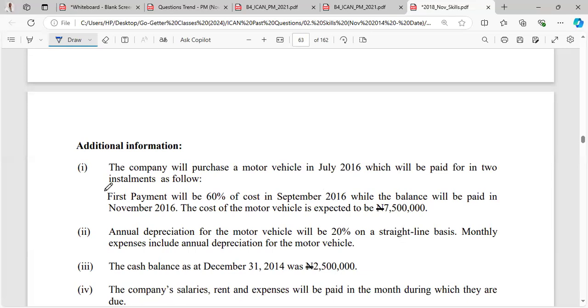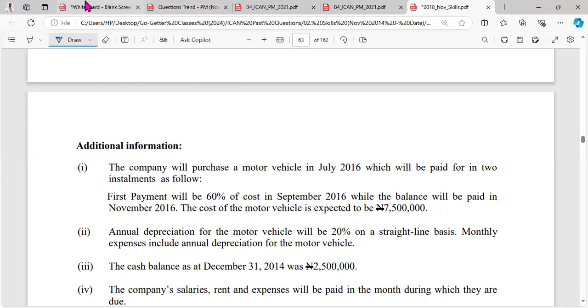So what it means is that we bought the vehicle in 2016. We are going to make the first payment in the same 2016. We are still going to make the second payment in the same 2016. So all this 60% they are telling you here and the balance is of no use because we are not doing monthly budget, we are doing yearly budget. So this whole 7.5 million will be spent in 2016, purchase of vehicle.